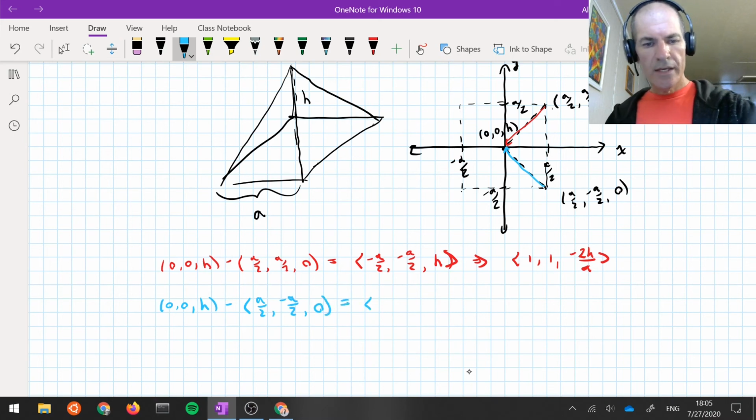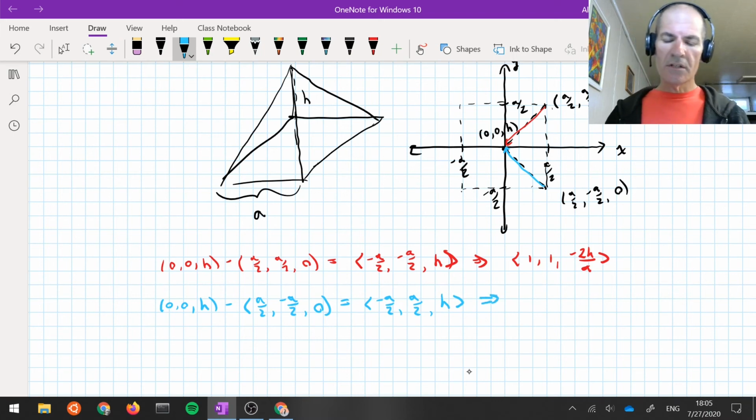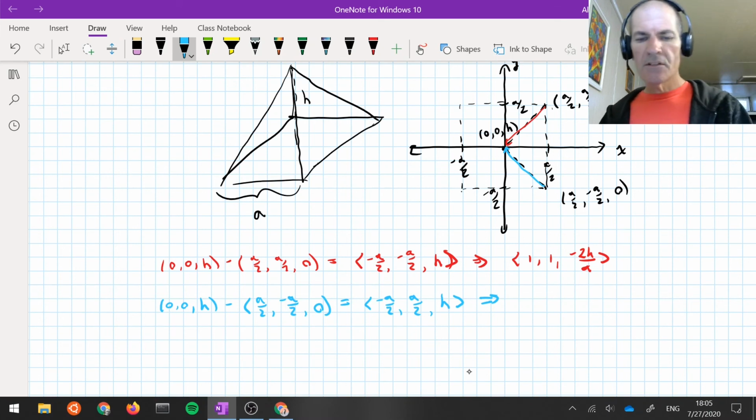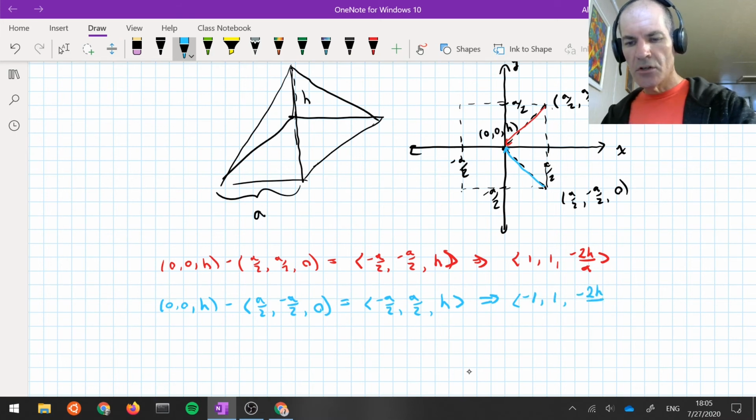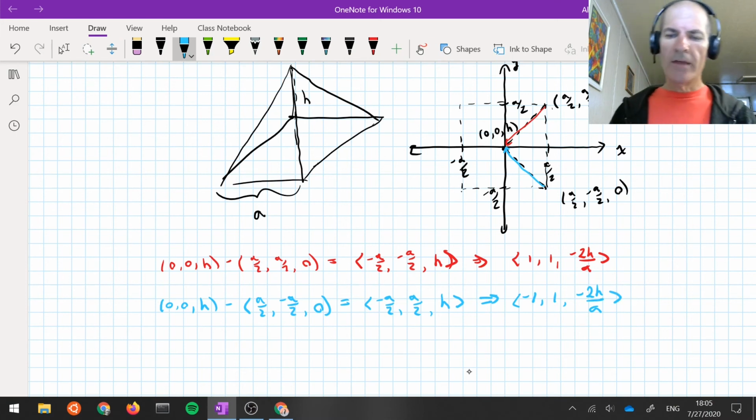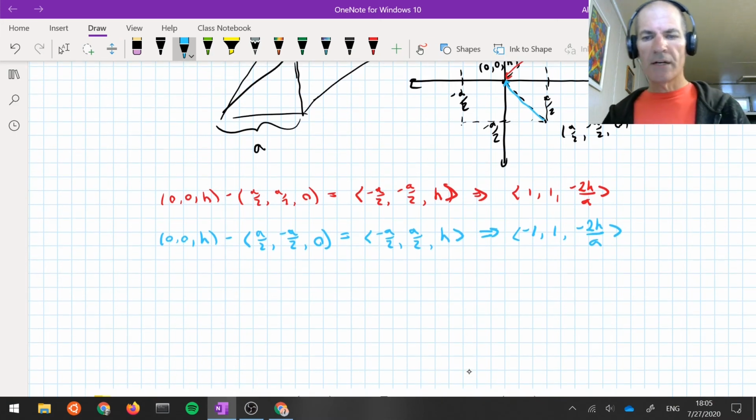Subtracting, we get negative a over 2, and h. Transforming it so that it's a little bit simpler, I'm going to multiply through by, let's say, 2 over a. So I get -1, 1, and -2h over a for that displacement vector.